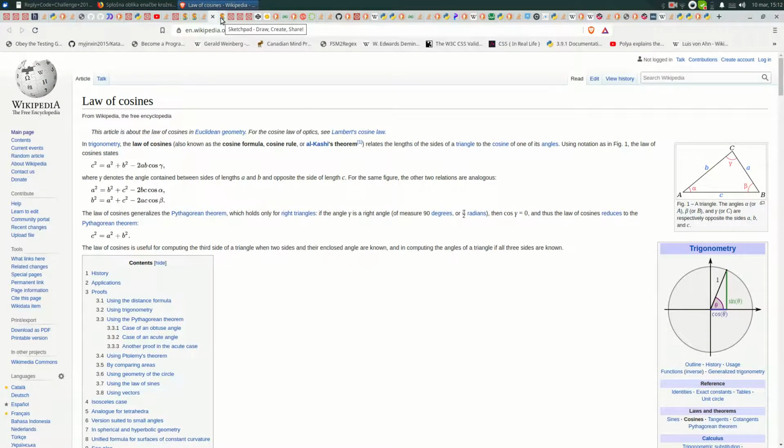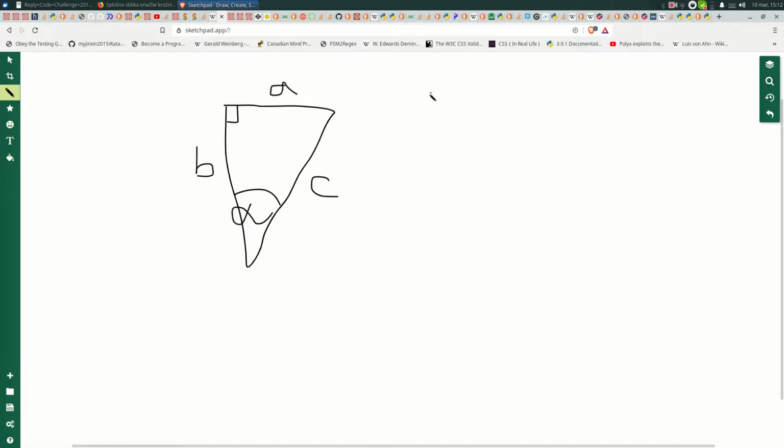So if I understand correctly, a squared is b squared plus c squared minus 2bc times cosine a.